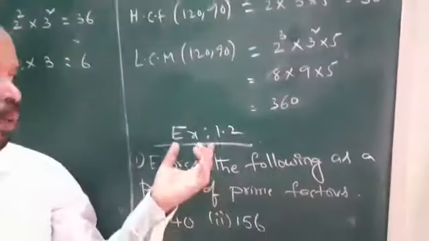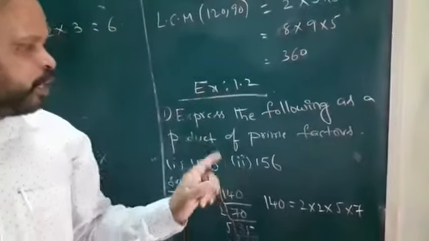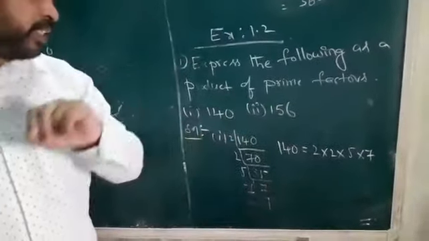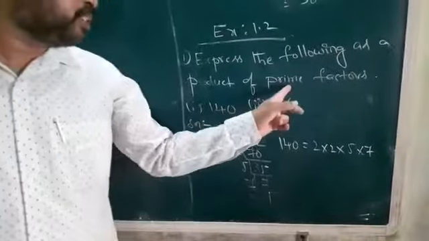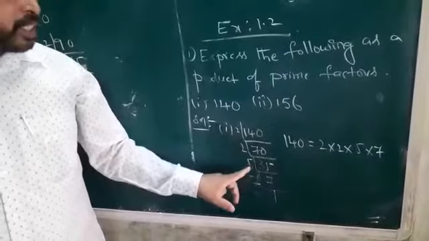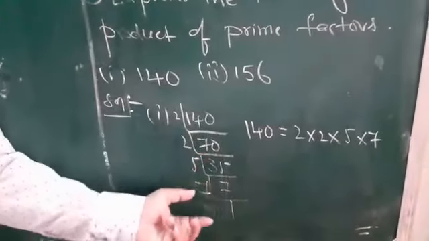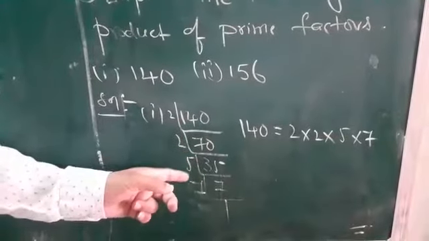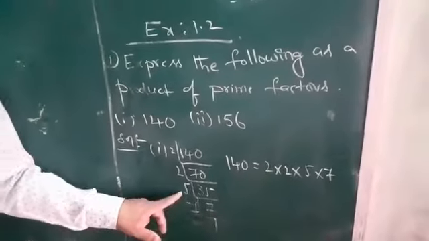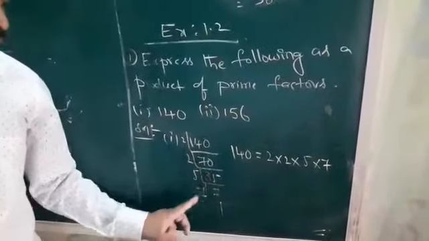In exercise 1.2, they are asking to express the following as a product of prime factors. They have given 140 and 156. Product of the prime factors means the prime factorization method. Already you know, 2, 3, 5, 7 are prime numbers. Only prime numbers you have to take here: 2, after 3, 3 after 5, 5 after 7, 7 after 11. So 140 is equal to 2 square into 5 into 7.